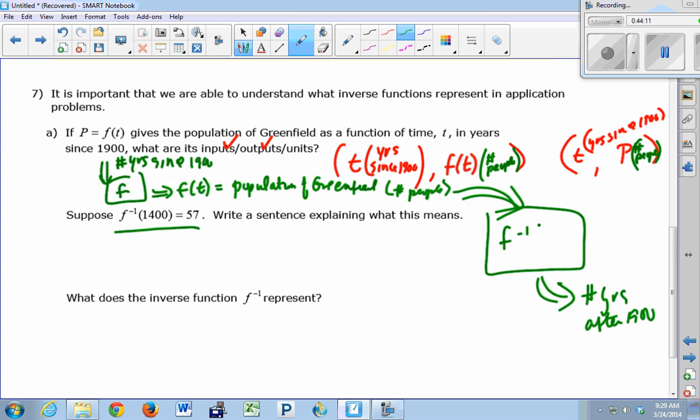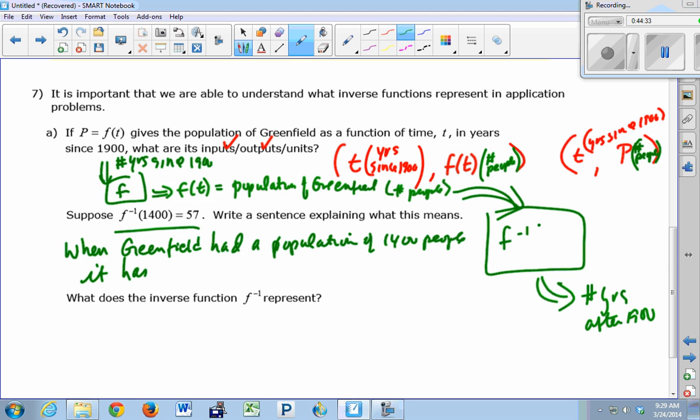Other than, oh yeah, Bob? Okay, hang on, I can't write that fast. When Greenfield, this isn't true data, by the way, had a population, yep, I got that, yep, 1,400 people.